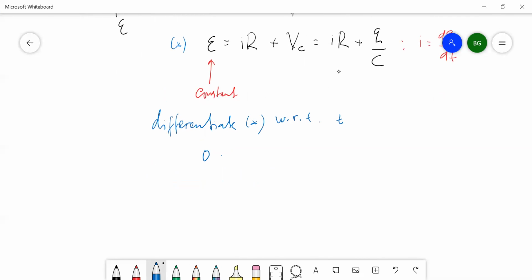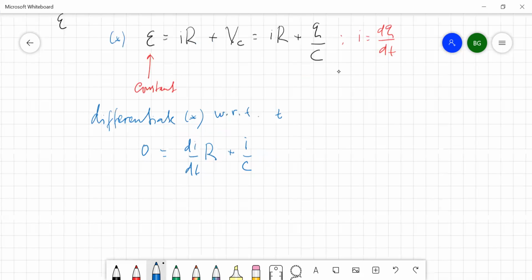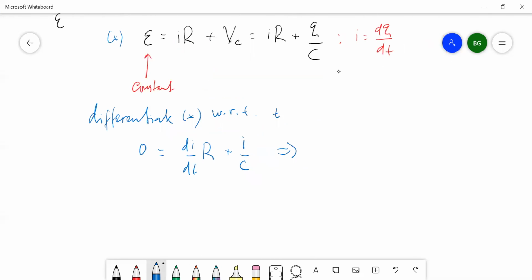Because epsilon is a constant, its derivative is 0. So we have 0 equals R dI/dt plus I over C. So we will have dI/dt plus I over RC equals 0.